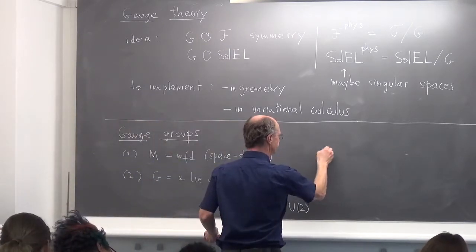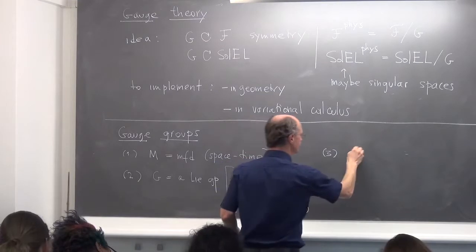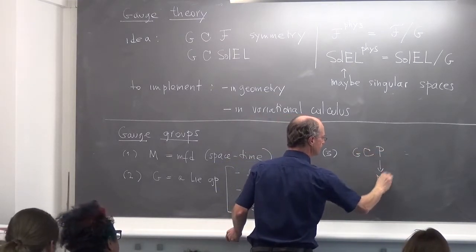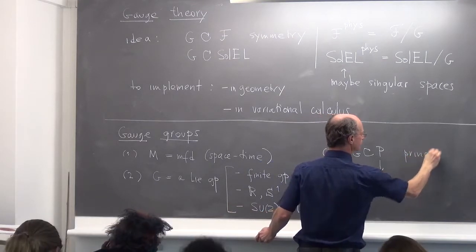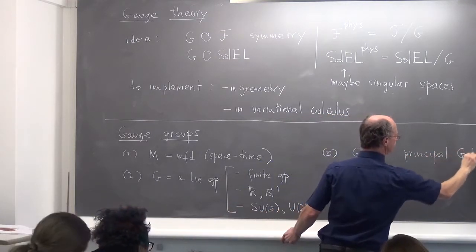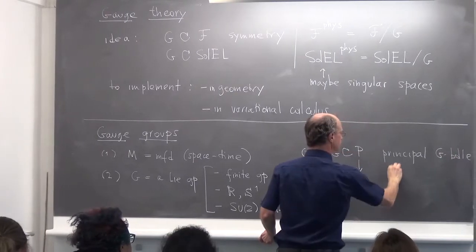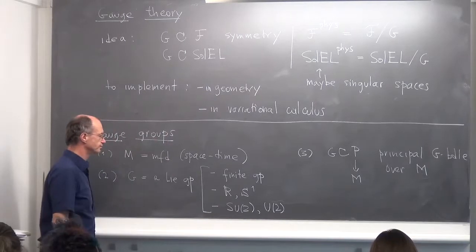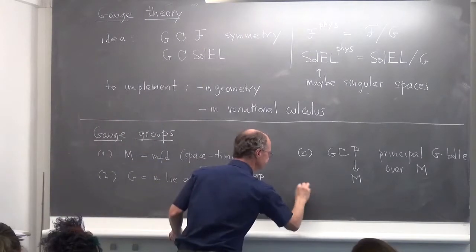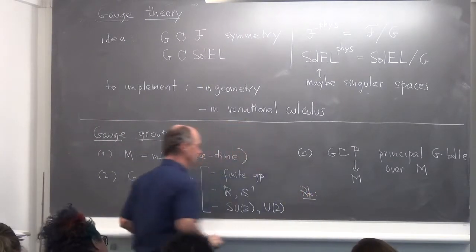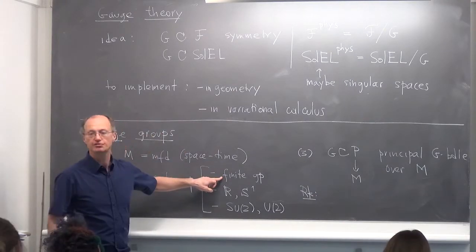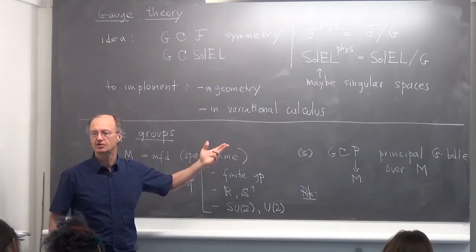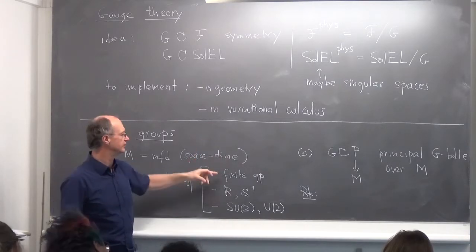The third part of the construction is a principal G bundle over M. Perhaps a remark: in case G is a finite group, a principal bundle is a finite cover with the structure group G.